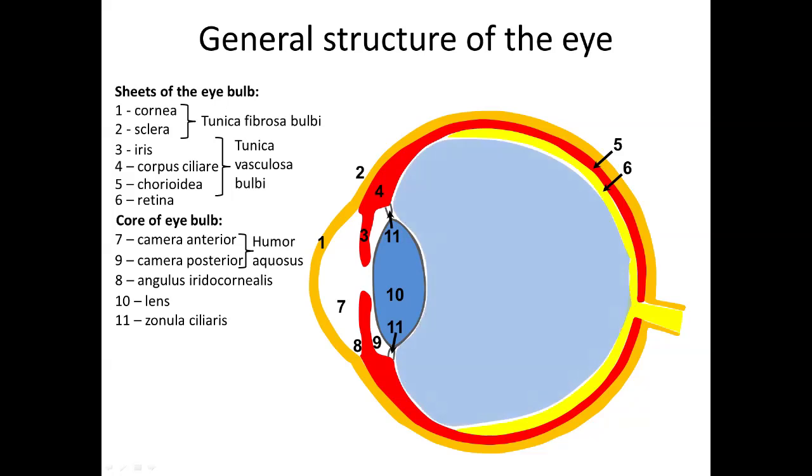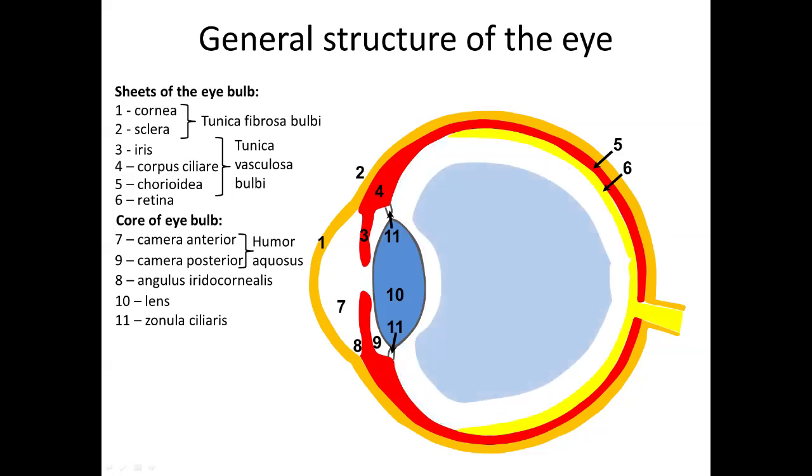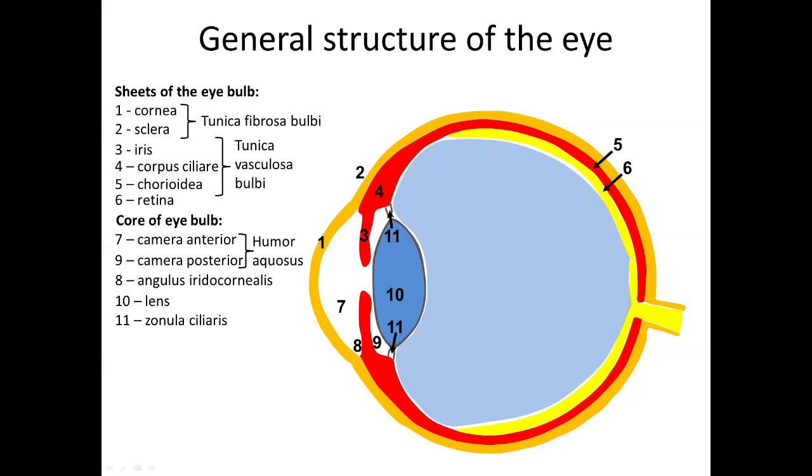Now, the next and the last structure inside of the eyeball, so we can call it number 12, corpus vitrum.